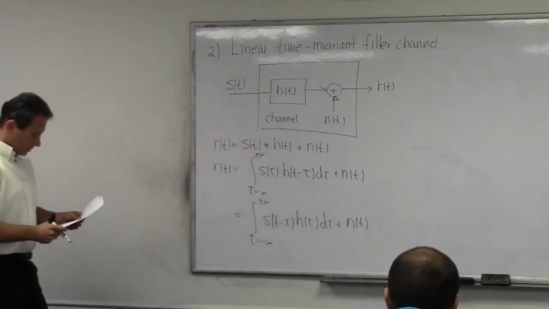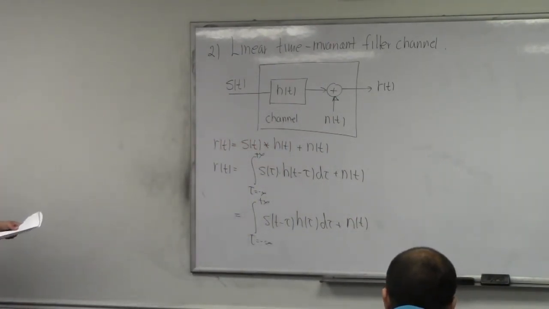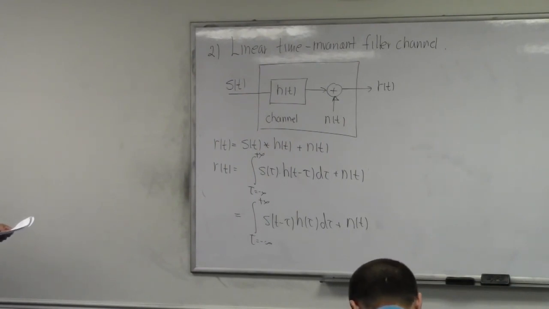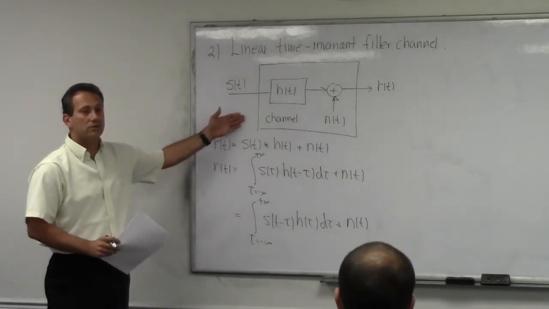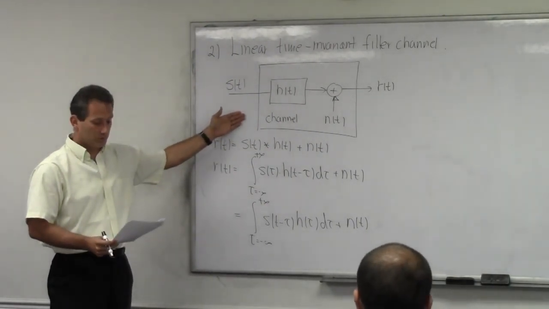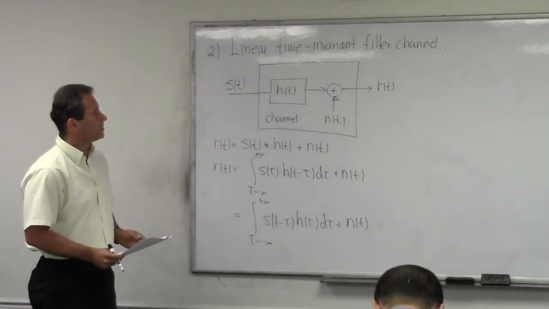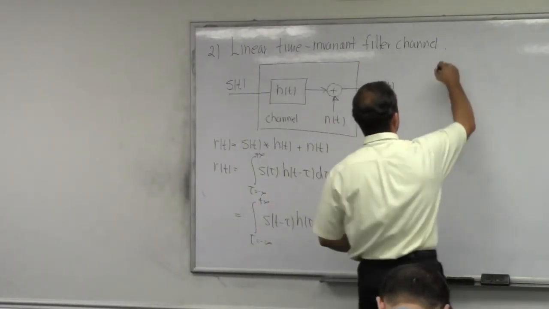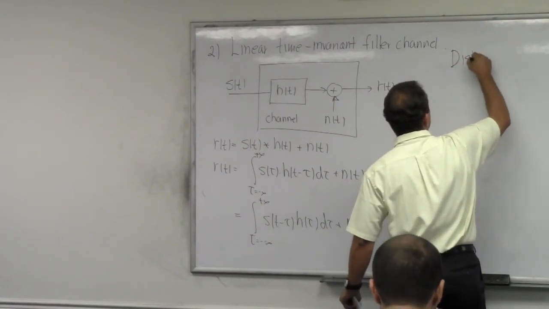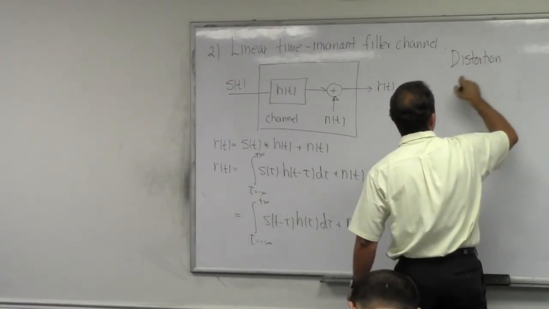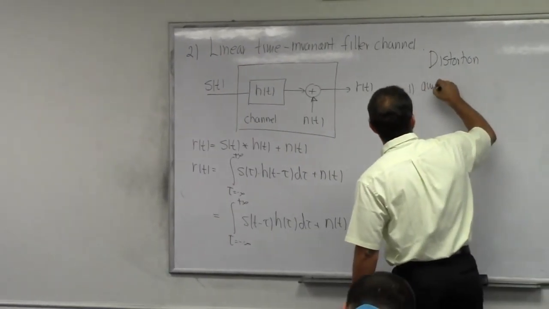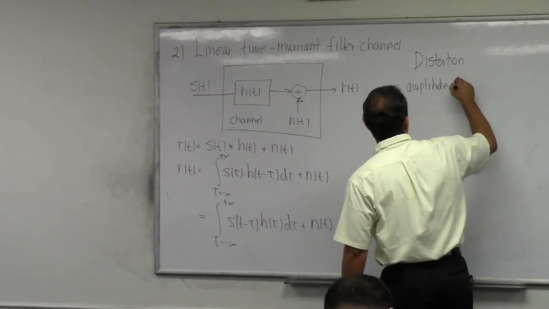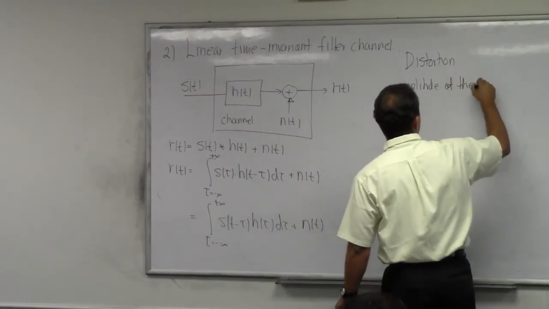Okay? So this channel, just like the previous one, introduces a set of distortions. Now let's take a look at what distortions are introduced by this particular channel. First thing, let me enumerate the distortions. The amplitude of the signal components is changed.